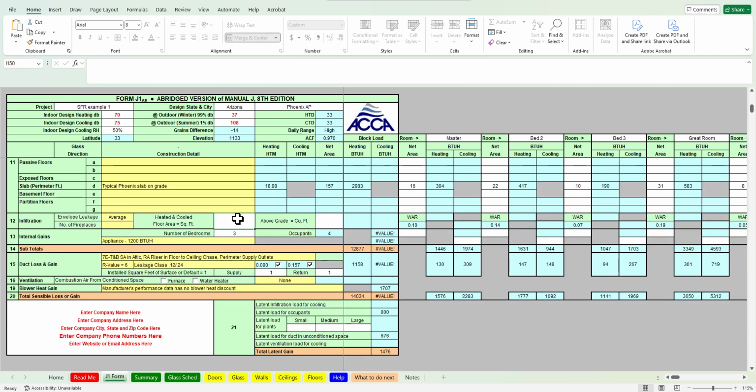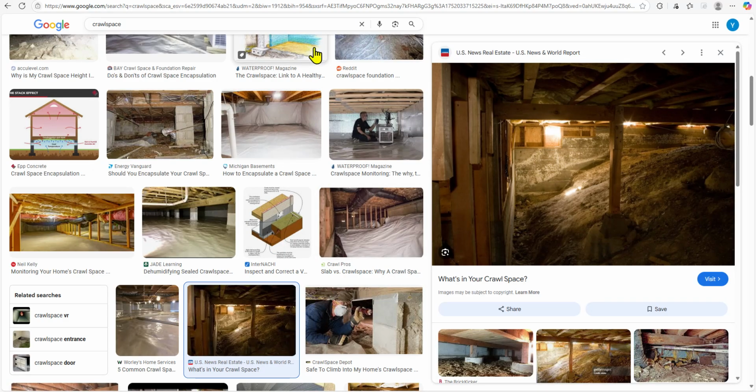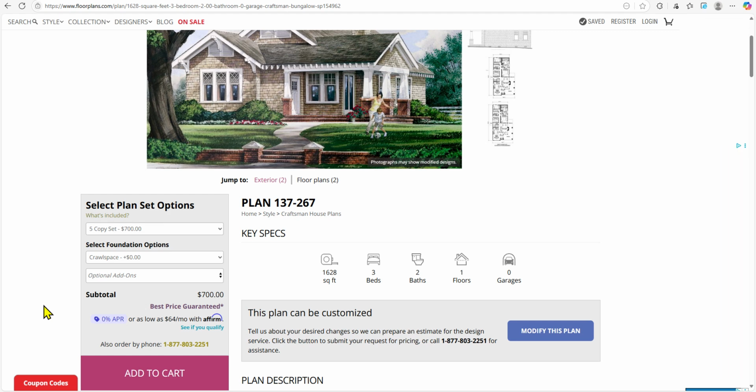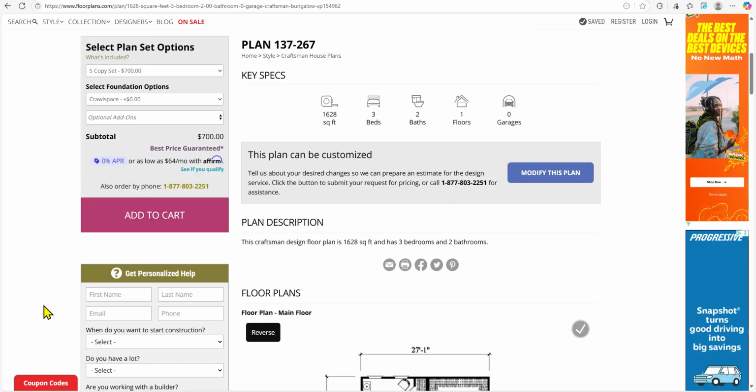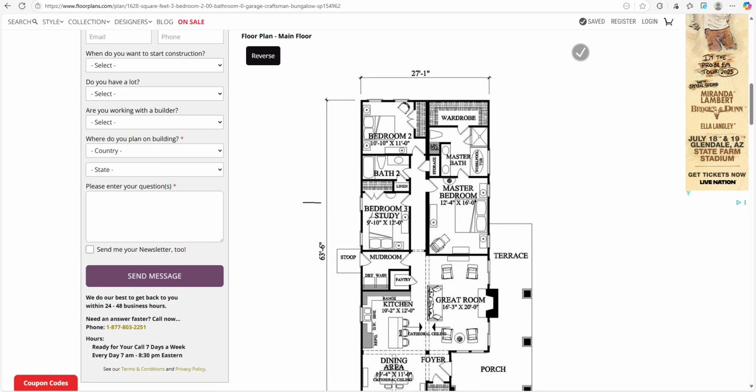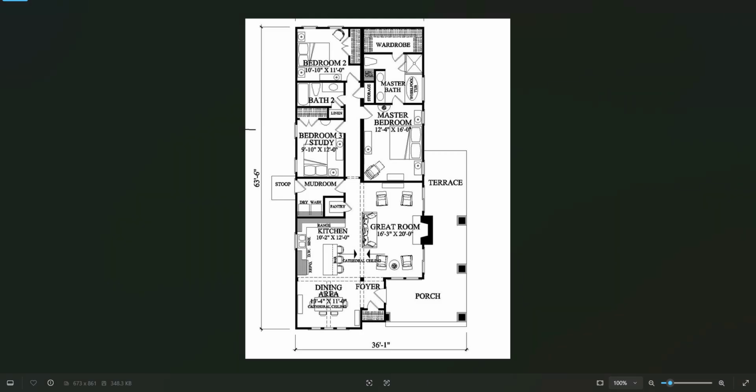So what's the total square footage of the home? Well, it's 63 feet by, let's say this is like, take off 5 feet, so 31.